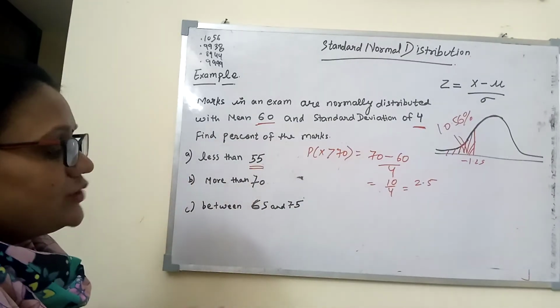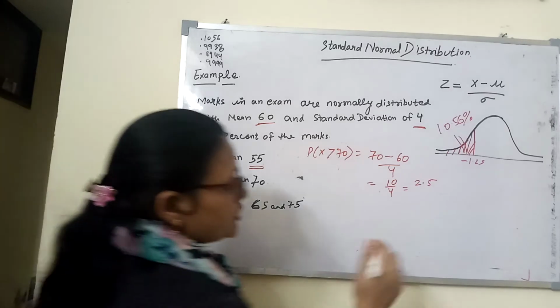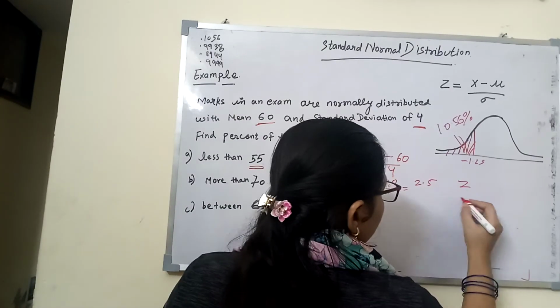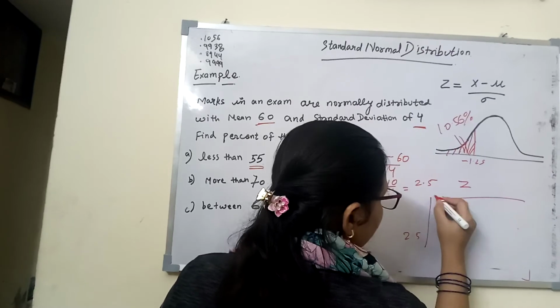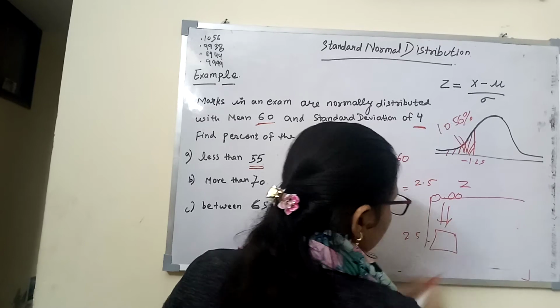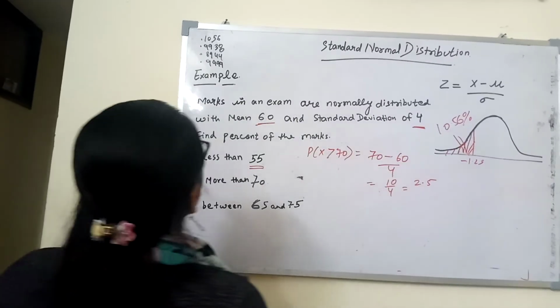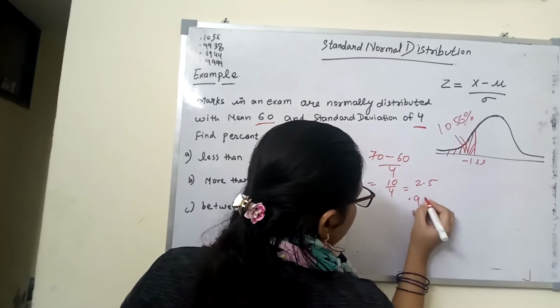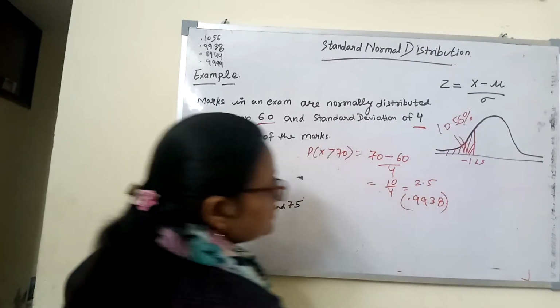Now the value is positive, 2.5. We will see the value from the z table, and it is 0.9938 from the table.